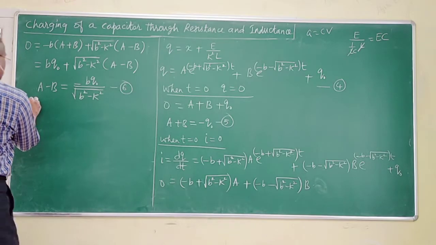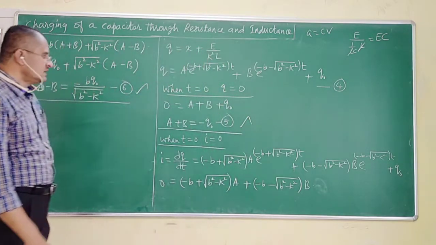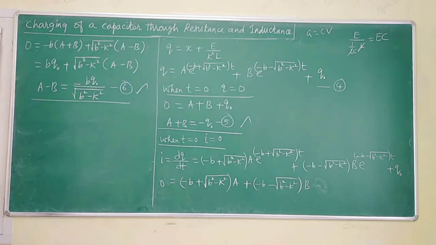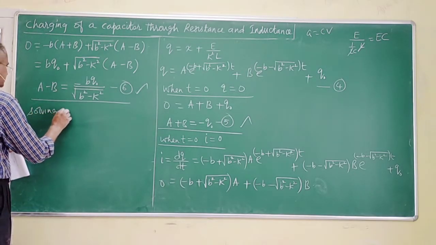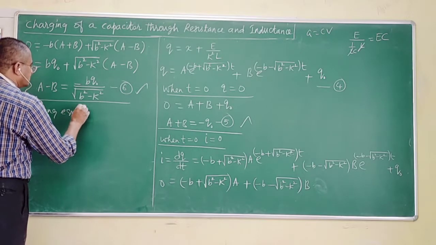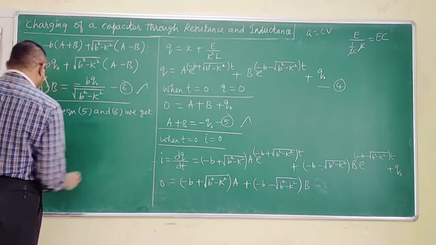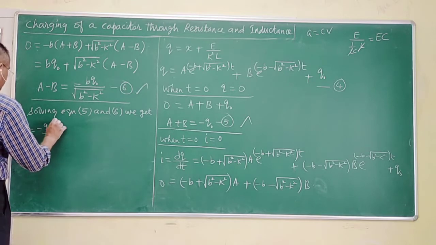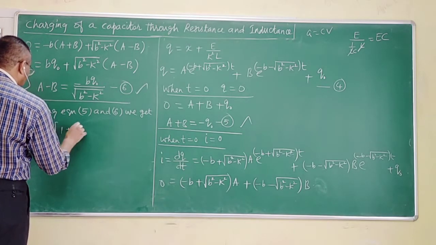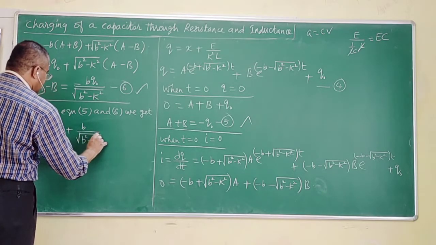Now, this equation and this equation can be solved to get the values of a and b. Therefore, I will write solving equation 5 and 6. We get the value of a as minus q naught by 2 into 1 plus b upon under root of b squared minus k squared.